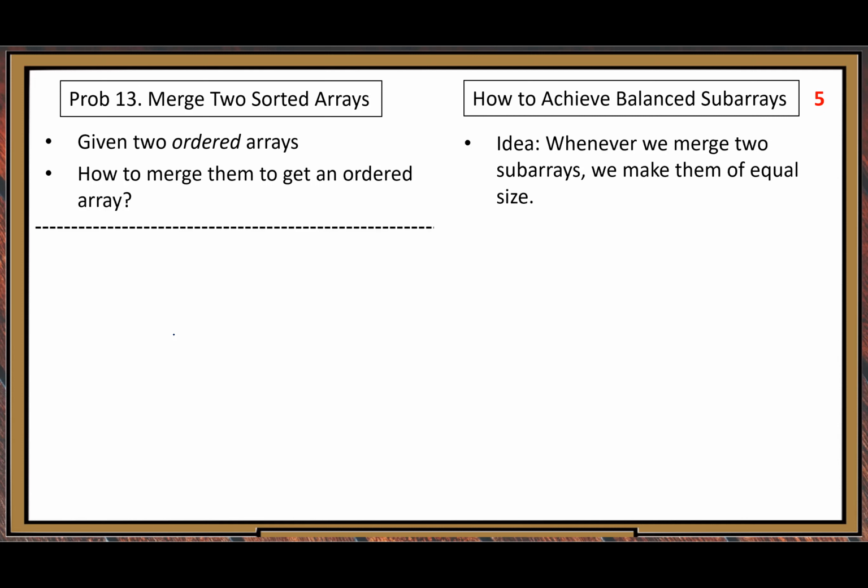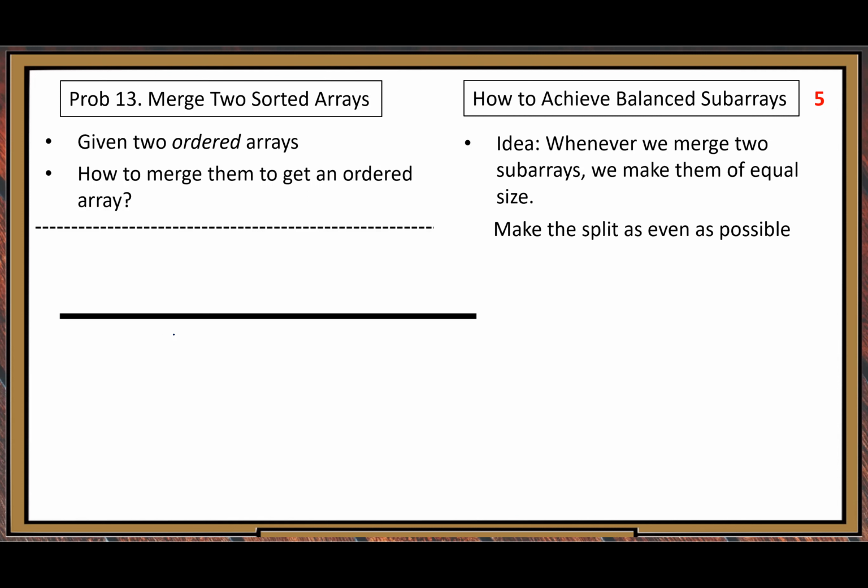When we do data splitting, we try our best to distribute the data evenly. Let's look at this line segment. That is the original array. All the data items are arranged in this line segment, okay? Let us make our first split in the middle, almost even.